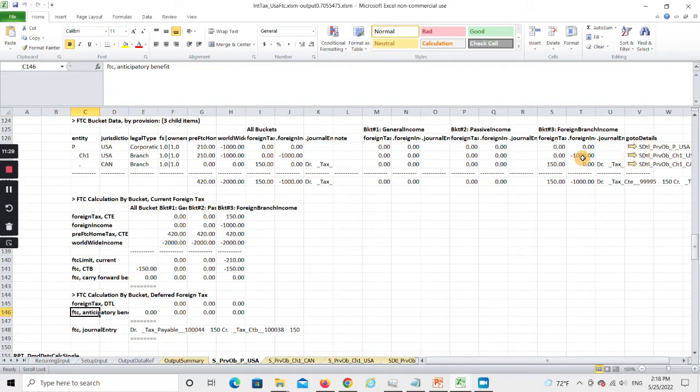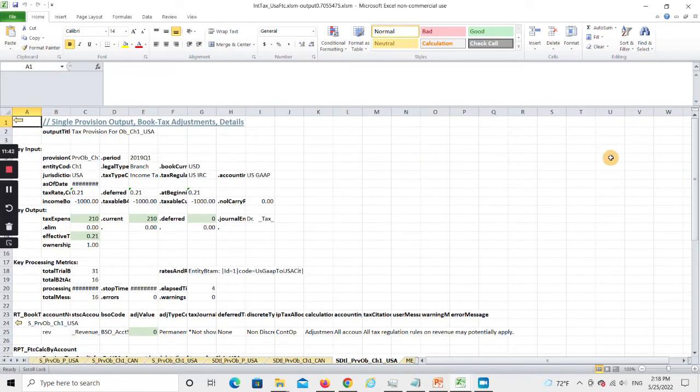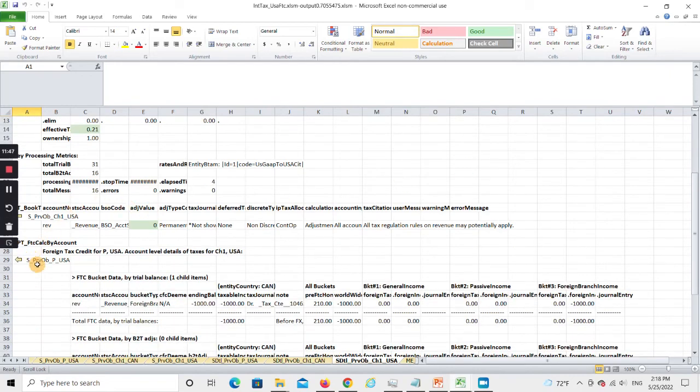Let's first take a look at the bucket for CH1, the CH1 USA calculation. Now we go to this detail of the provision calculation. We have the account level details on foreign tax credit for P, but it is account level detail from its child, CH1 USA tax, because it's a foreign branch, but it is also subject to the USA tax.